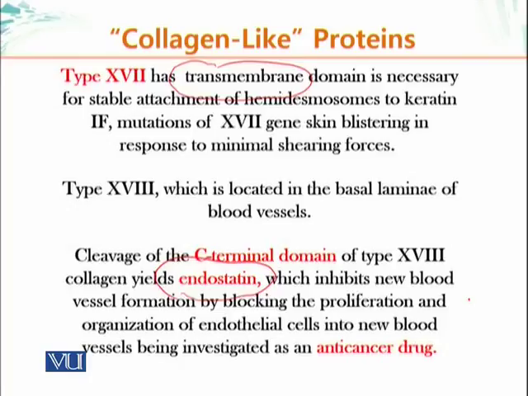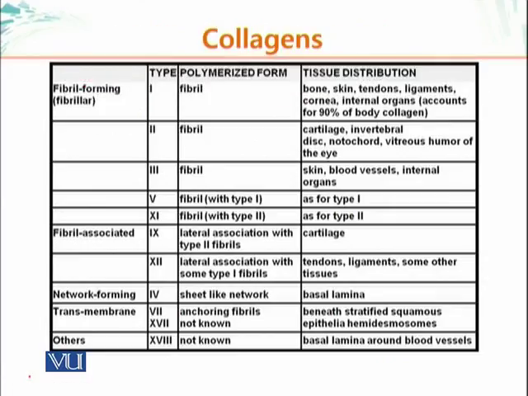We have talked about how, especially when cancer occurs, one of the things it wants is to form new blood vessels in a process referred to as angiogenesis. Type 18 collagen has a domain that can restrict the formation of new blood vessels. Consequently, this is currently being investigated for anti-cancer drugs, because one of the requirements for cancer cells to propagate or prosper in their tissue is to get a maximum amount of blood.